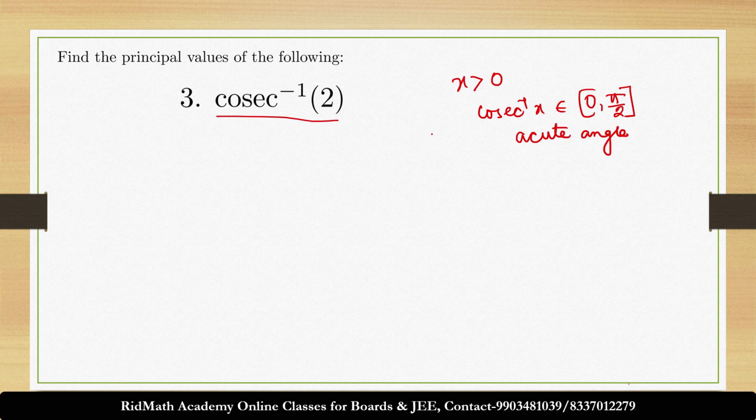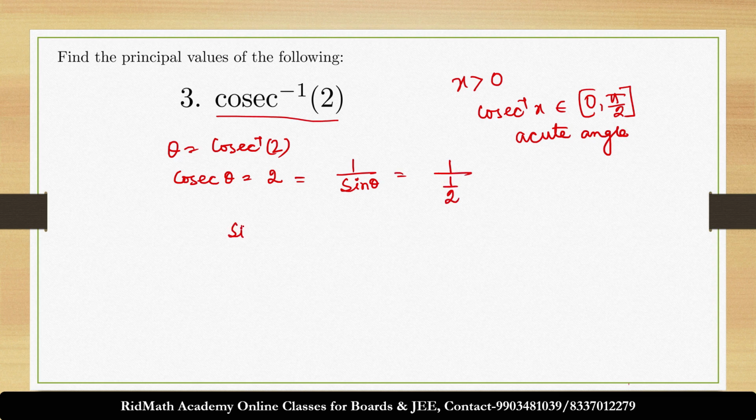Okay, so let theta equal cosec inverse 2, that means cosec theta equals 2, and cosec theta means 1 by sin theta, that means 1 by sin theta equals 2, so sin theta equals half, and that implies that theta equals pi by 6.